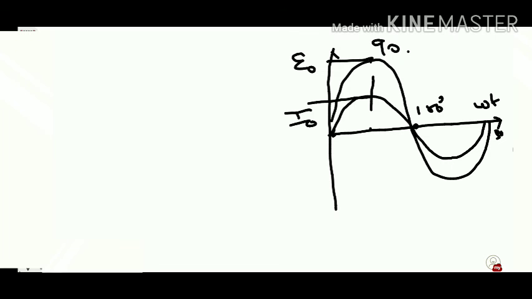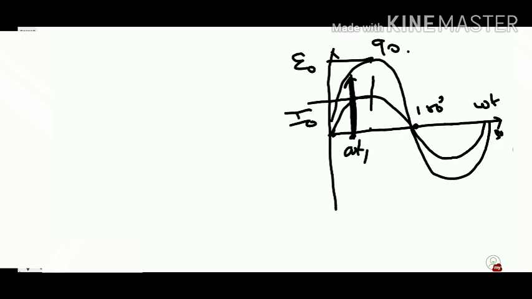So this is E naught, the maximum, and this is I naught. This is omega t, this axis. This is 180, this is 360. So this will be for 90 degrees. So let's say this point, for any omega t1.